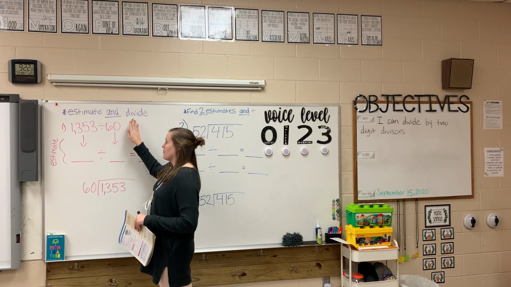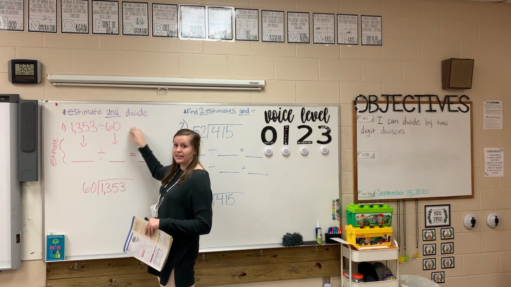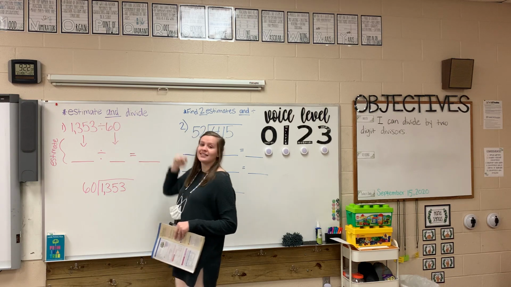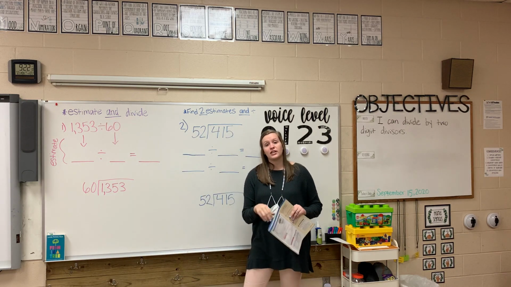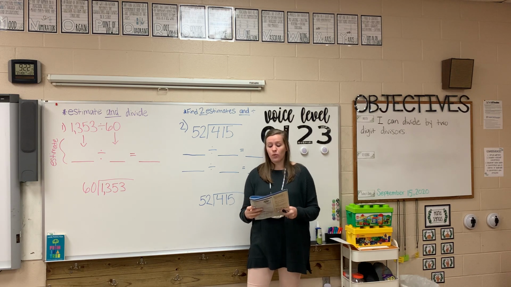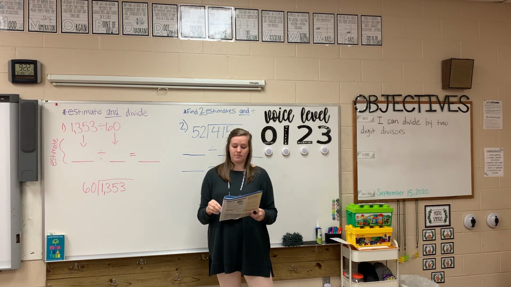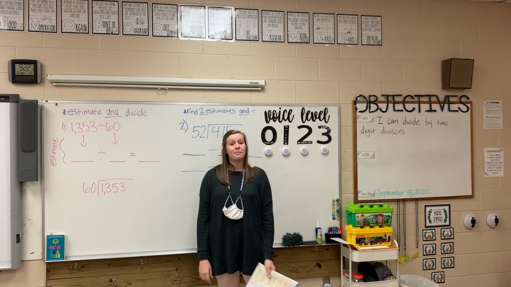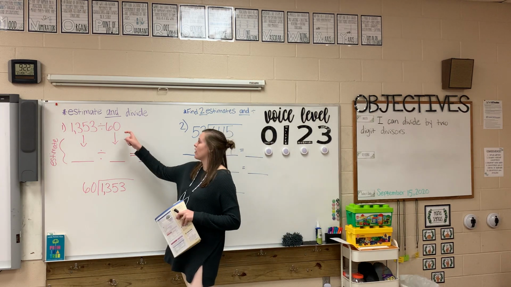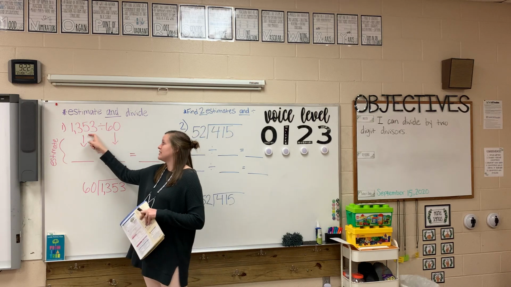This is our first problem that we're going to do today, and it says that we are going to estimate and divide. So the first thing we're going to do is estimate. You can estimate quotients using compatible numbers that are found by using basic facts. So we have our divisor and our dividend.